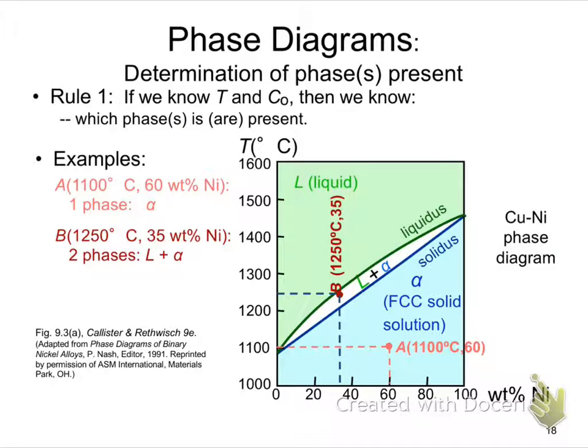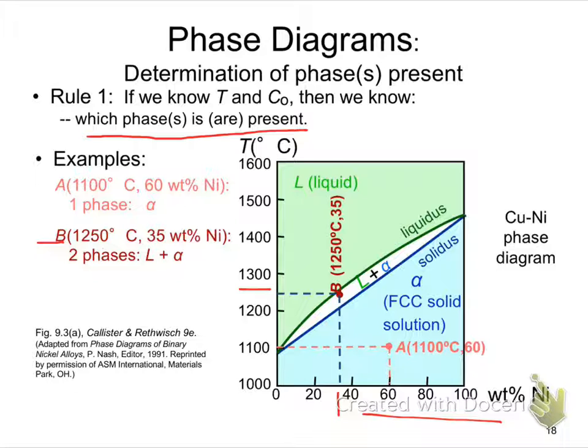Okay, so let's start using these. Our first rule, we're going to do 3 rules and 3 ways to use these diagrams. First of all, rule number 1, if we know the temperature and the concentration or the percent composition, then we know which phases are present. All right, if we know both the X and the Y, then we know, because we can plot the point, for example, here for B, the 1250 degrees Celsius and the 35% nickel, we can plot that point B and we can see that we're in the white zone.